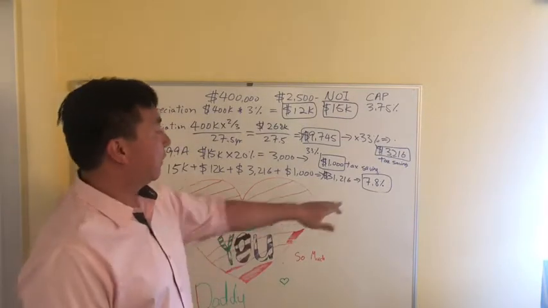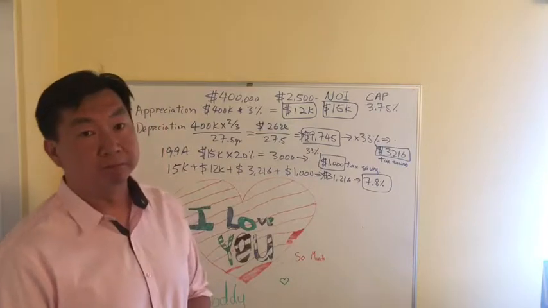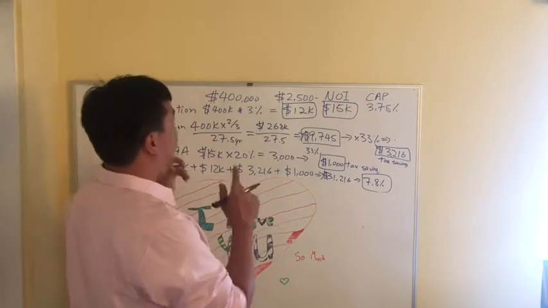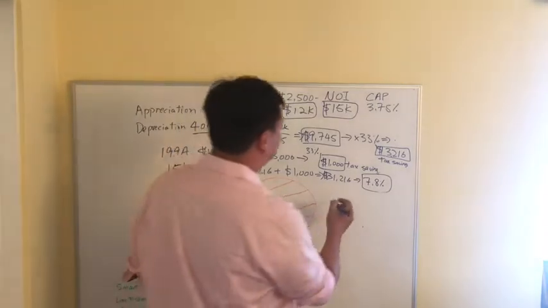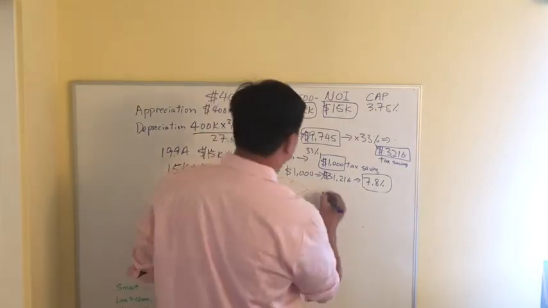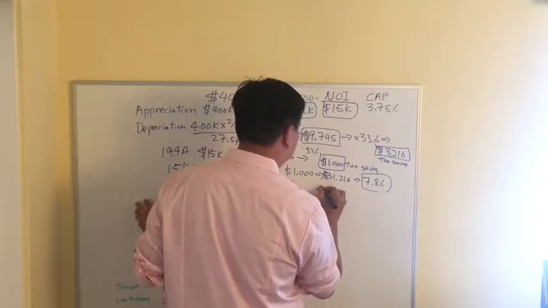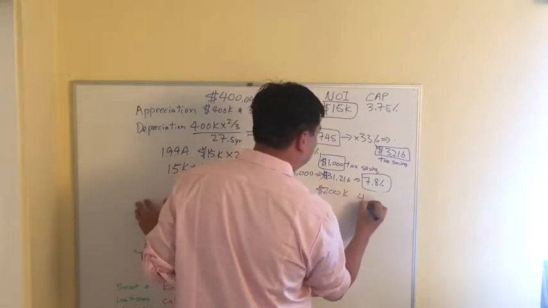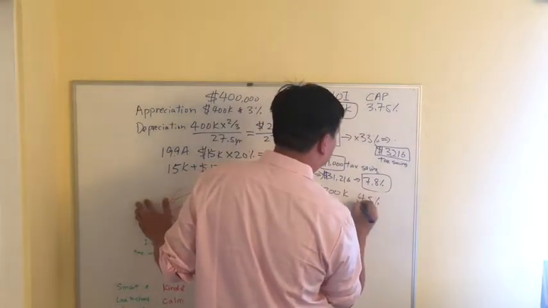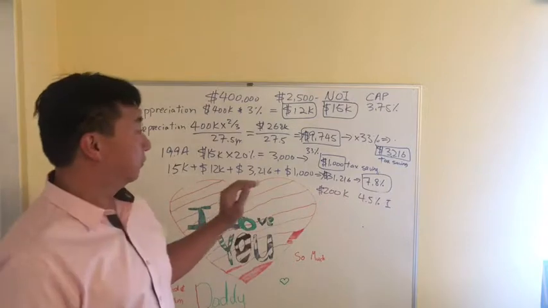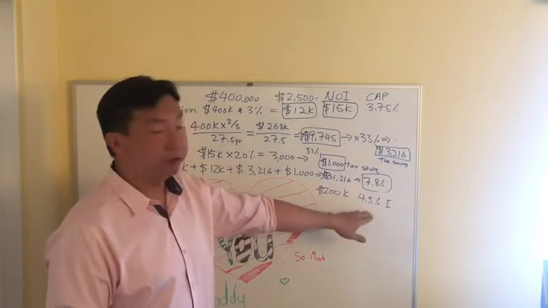How does it affect your bottom line? For this particular case, we're just going to borrow half. So we're going to assume $200,000 with an interest rate of 4.5%.